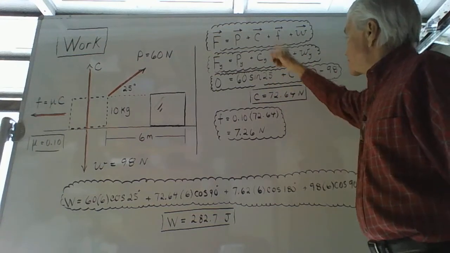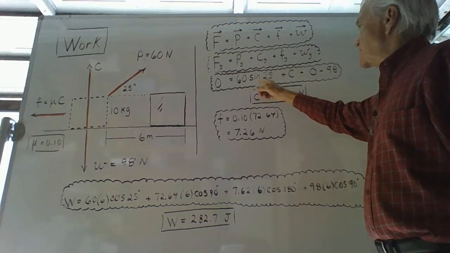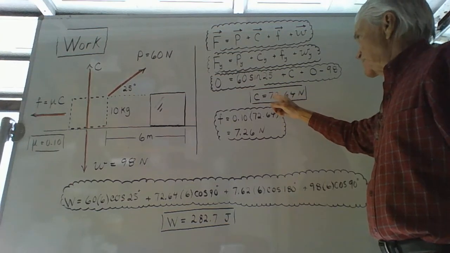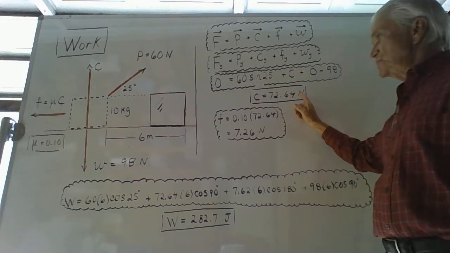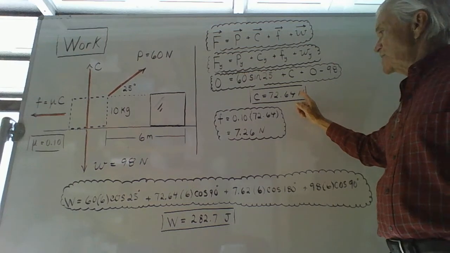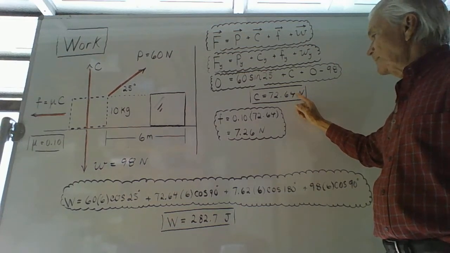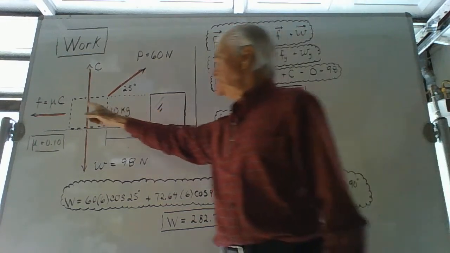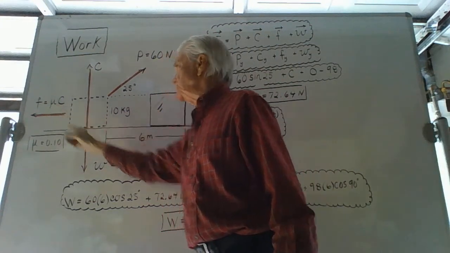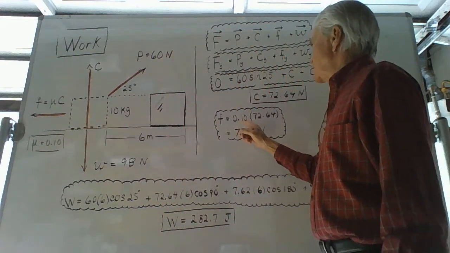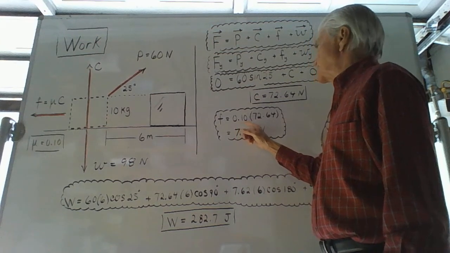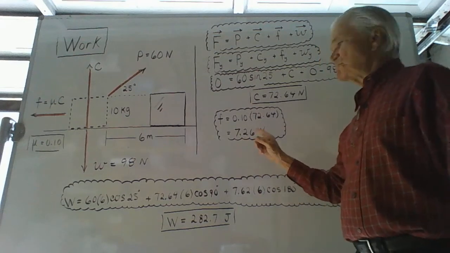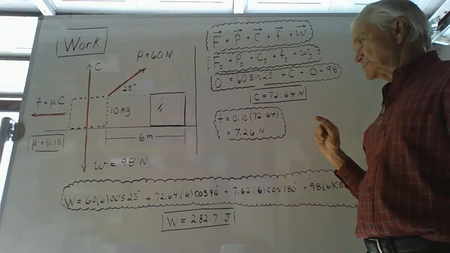This third equation allows us to calculate the contact force. We obtain 72.64 newtons. We need the contact force in order to determine the frictional force using this equation, mu times C. 0.10 times the contact force gives us the magnitude of the frictional force.